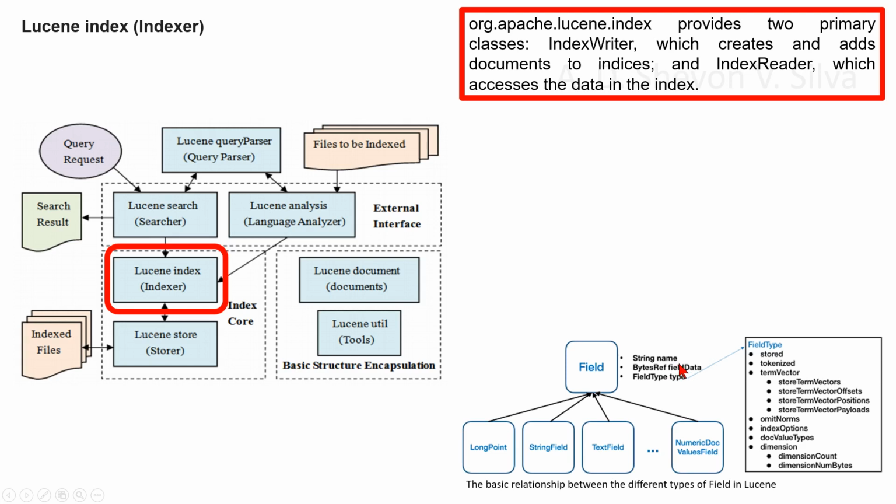Field data is the value of the field. The values of all types of fields are ultimately represented as binary byte streams. The attribute type is the type of the field, which determines how the field is indexed.